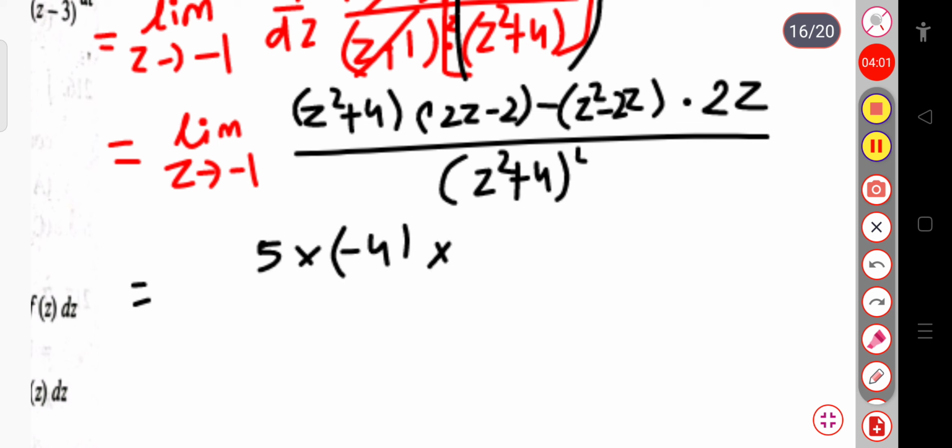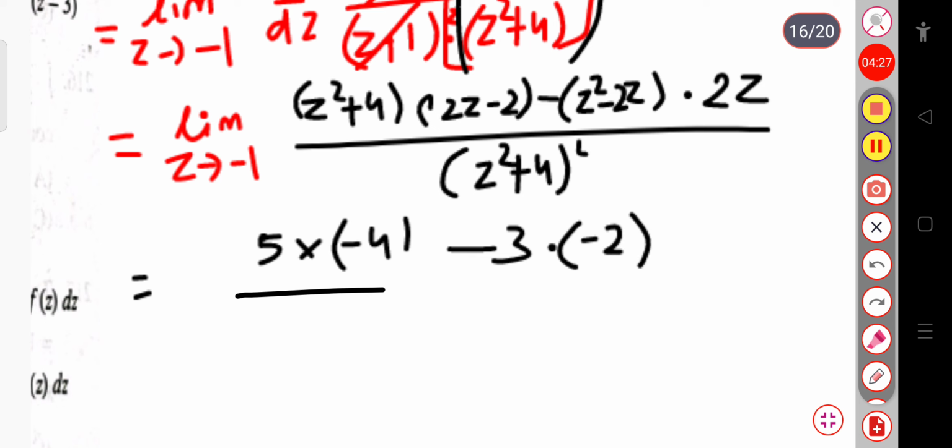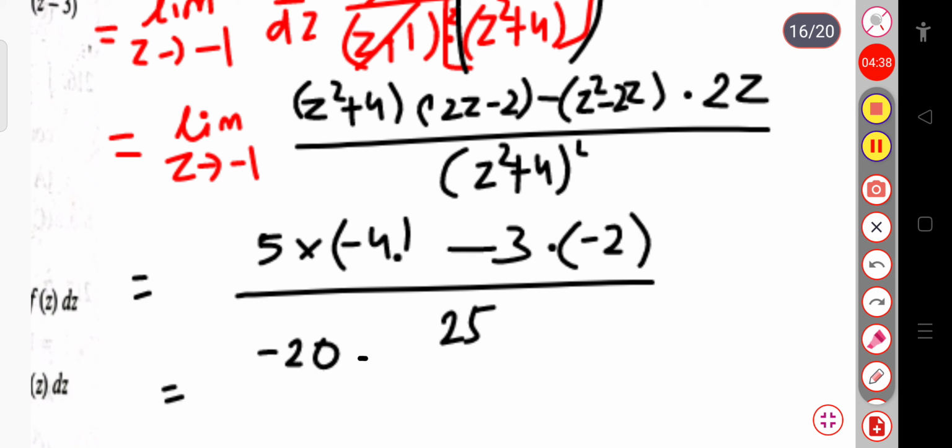Then z square means 1, minus of minus 2 into minus 1, that will be plus 2, so 2 plus 1 is 3, minus 3 into 2z, which is minus 2, so minus 3 into minus 2 will be plus 6. The denominator is 1 square is 1 plus 4, that is 5, square is 25. So this is 5 into minus 4, minus 20, plus 6, divided by 25.